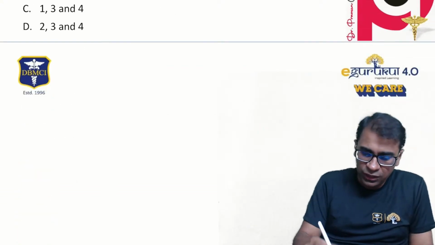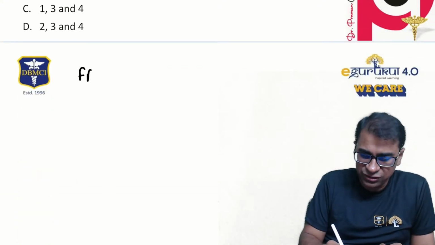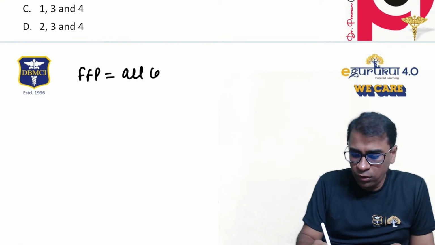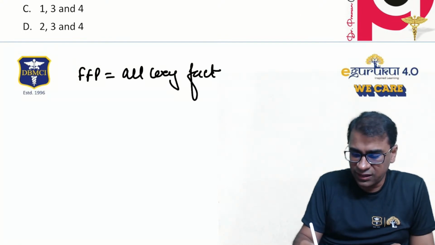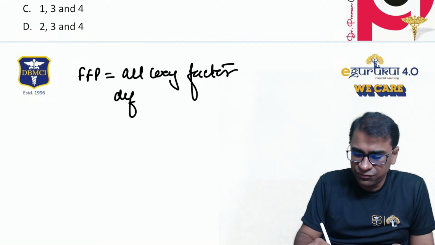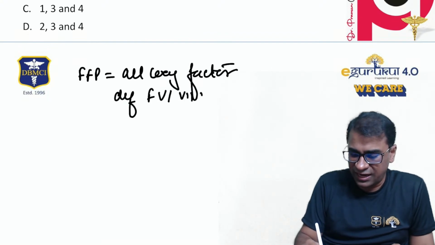Yes, look, two things will confuse you. One is the fresh frozen plasma. Remember, it has all coagulation factors, but they're slightly deficient in factor 5 and 8. Just remember this as extra information.